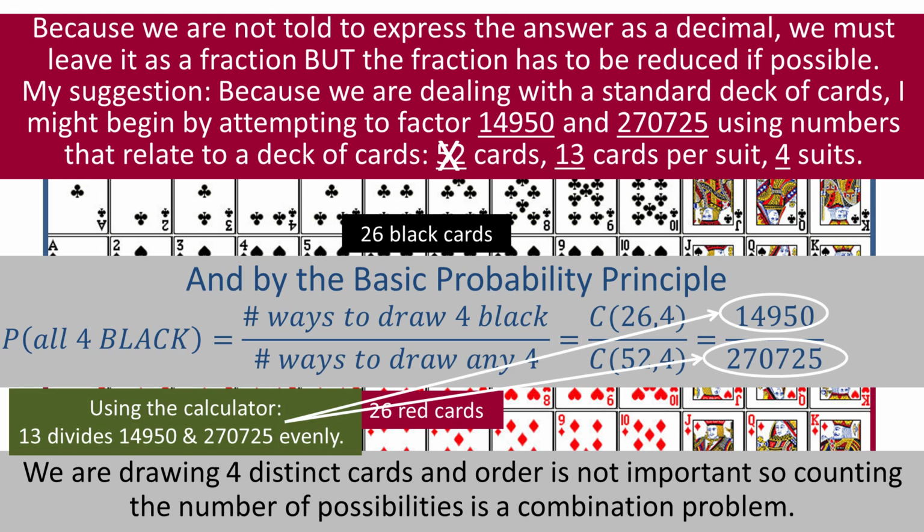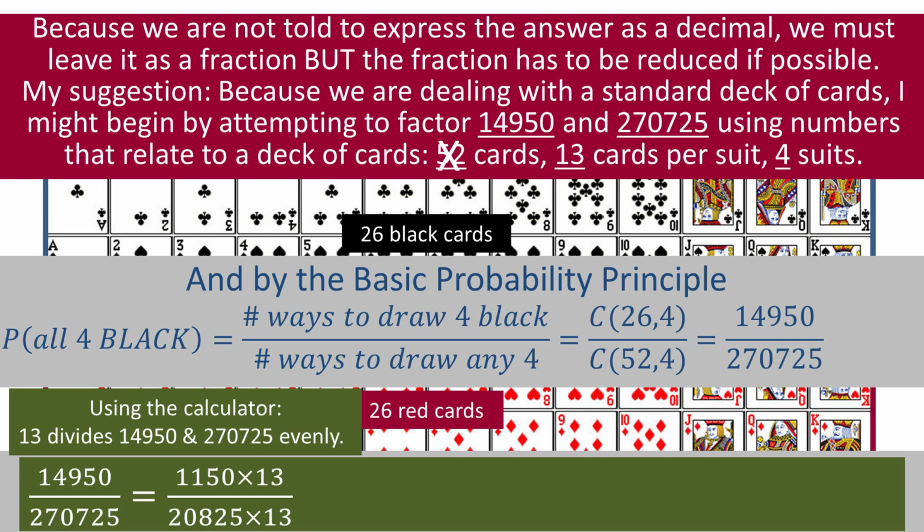So I take my calculator and I divide 14,950 by 13, and since it worked, I also divide 270,725 by 13. And believe it or not, it actually worked. When I divided 14,950 by 13, I got 1,150.